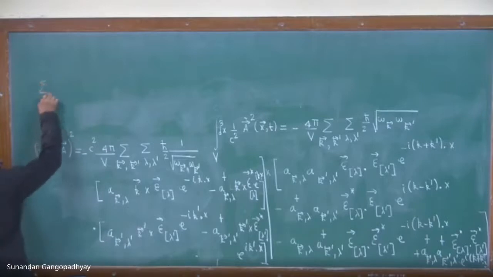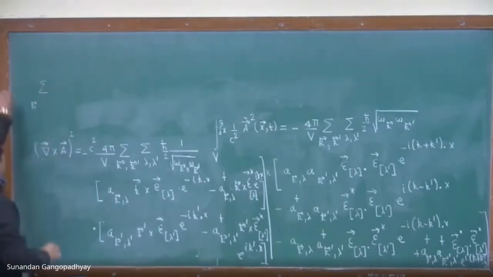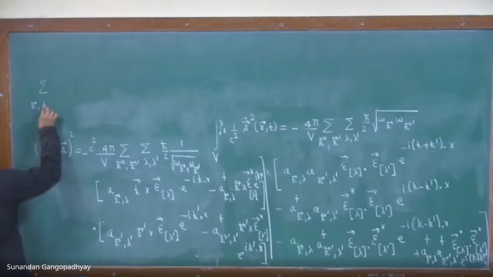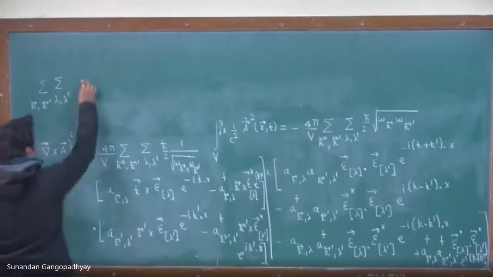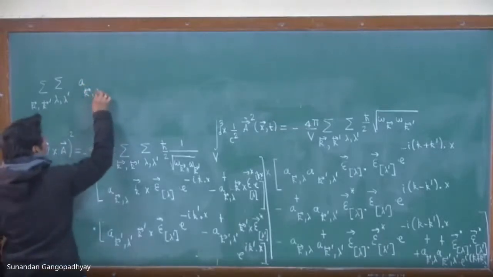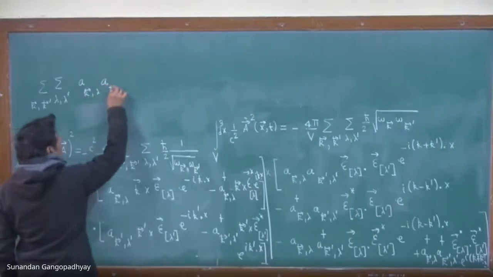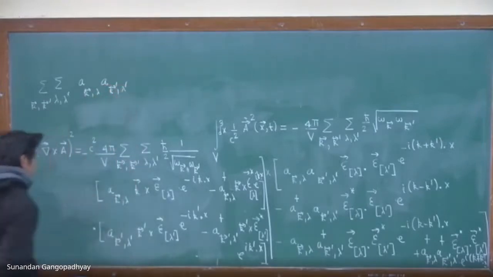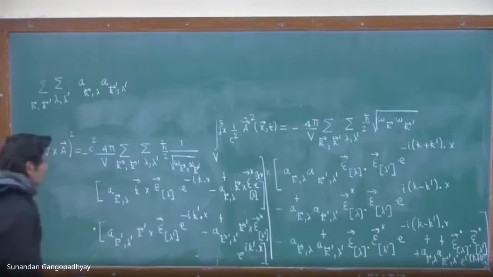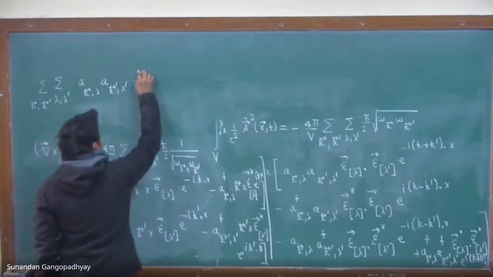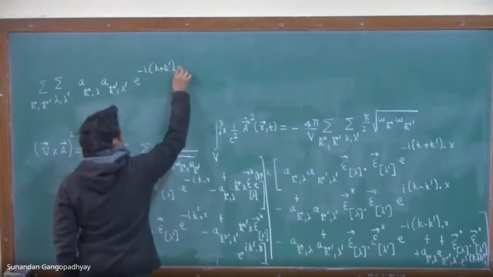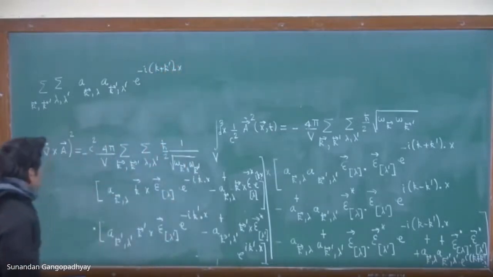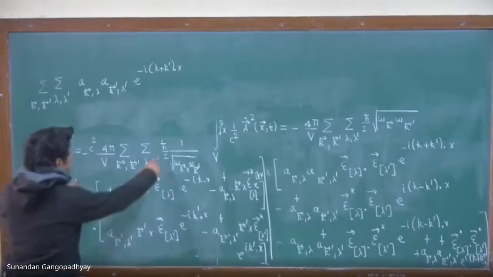So this term is basically the summation over k, k prime, lambda, lambda prime, a k lambda a k prime lambda prime, then we have e to the power minus i k plus k prime dot x, and we obviously have this factor also.